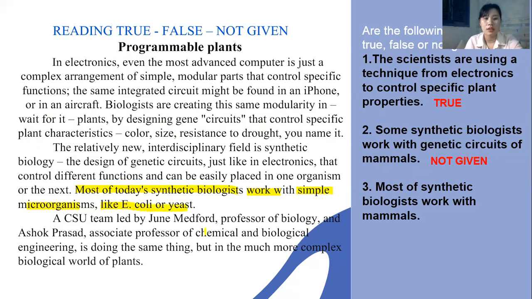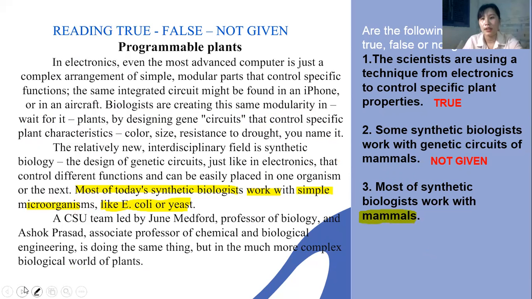It means the small organisms. It's not a mammal. A mammal is big. So is it true, not given, or false? Yes, of course it's false, right? It's actually false because it mentions simple microorganisms like E. coli or yeast, but not mammals here.